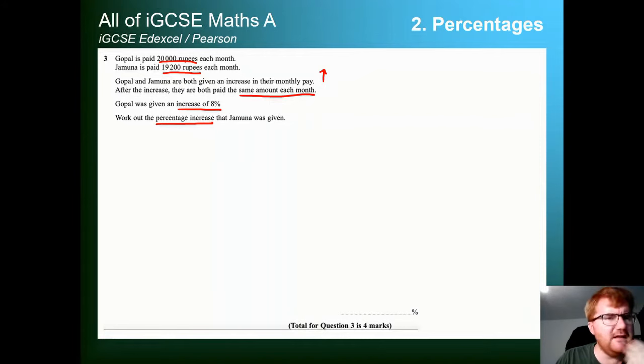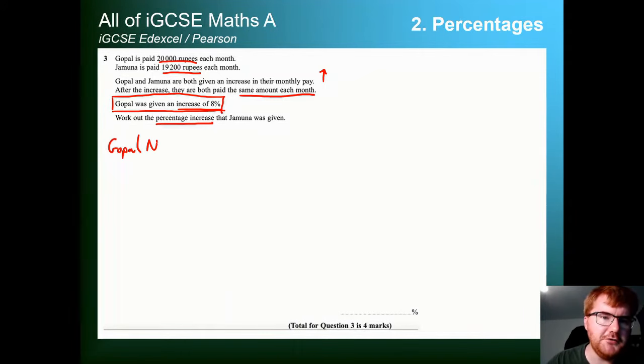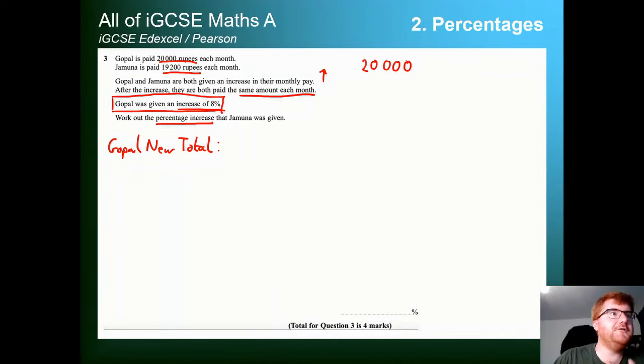So there's lots of things to think about in this particular question. What I'm going to focus on here is that Gopal was given an increase of 8%. So let's work out how much he had after his increase. Gopal's new total: what we want to do here is increase his salary of 20,000 by 8%. Now, there's a few ways you can do this.